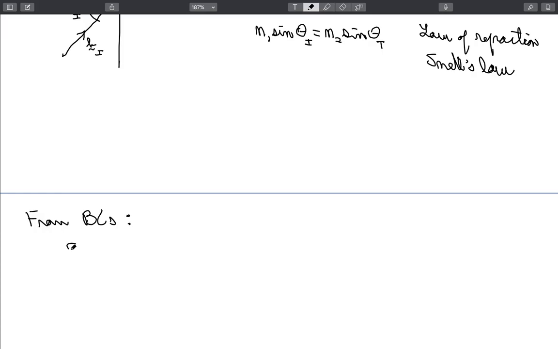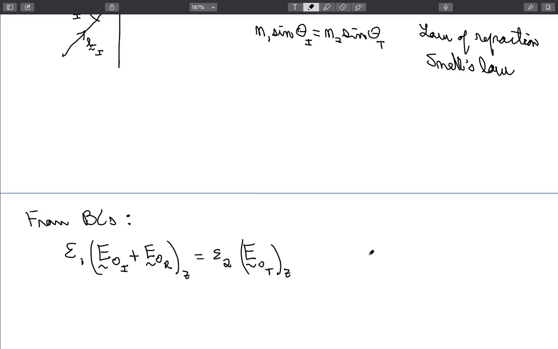So we have that epsilon 1 with the amplitude of the electric field on the one side, so this is E0I plus E0R, and now I remind you these are vectors. And now the Z component of this, because we're doing the first boundary condition, which is about the perpendicular component of the electric field, this has to be epsilon 2 with the vector E0T, again the Z component of it.